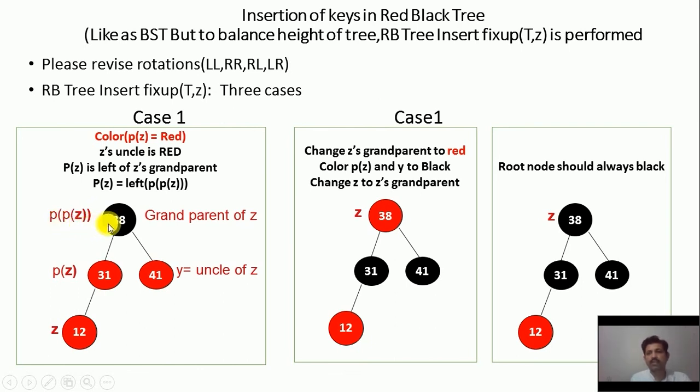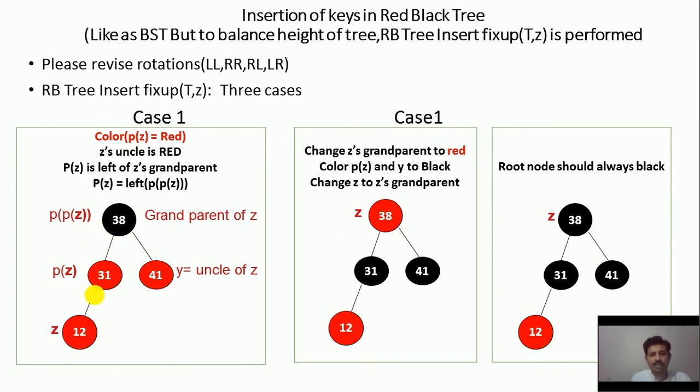So case number one is when the color of P of G is red, the uncle of G is red, and P of G is the left child of PPG. This node is PPG, the grandparent of the G node.